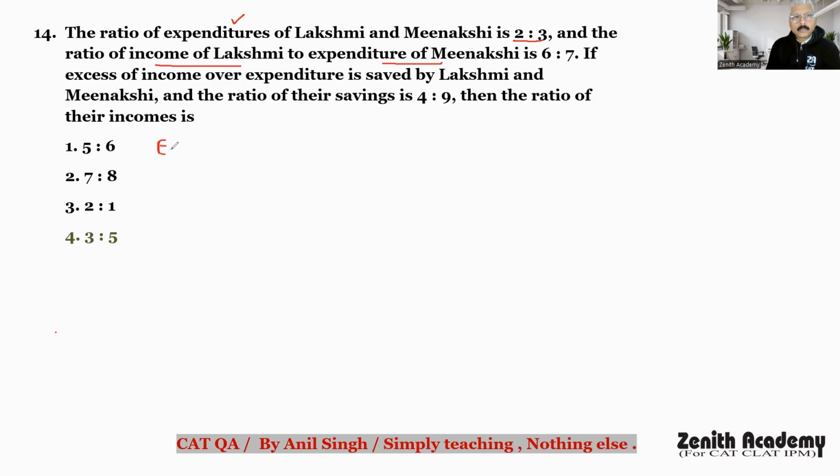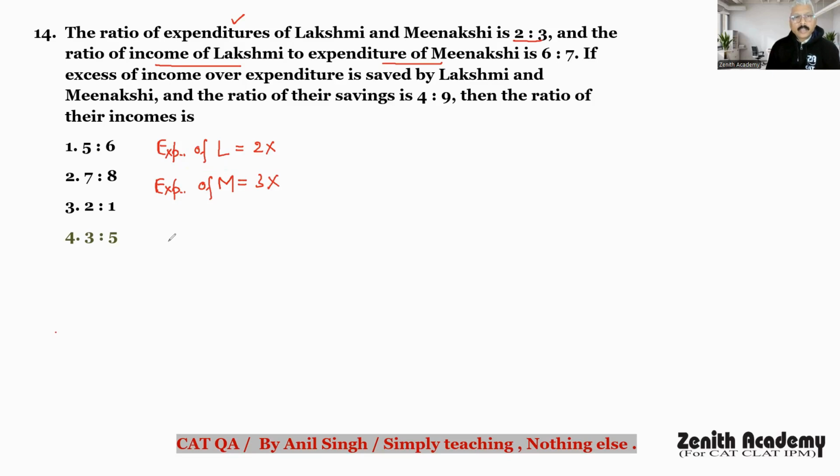Okay. So the expenditure of Lakshmi, let us take L, and the expenditure of Meena, I am taking M. It is given 2 is to 3, so we can take the expenditure of Lakshmi as 2x and here it is 3x.